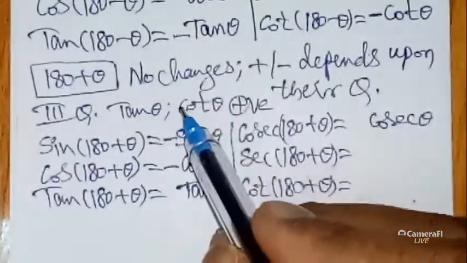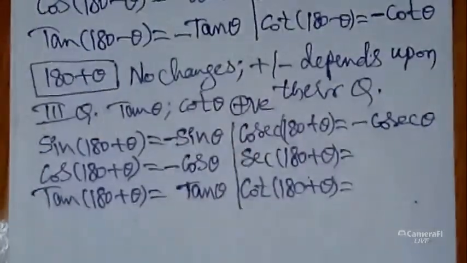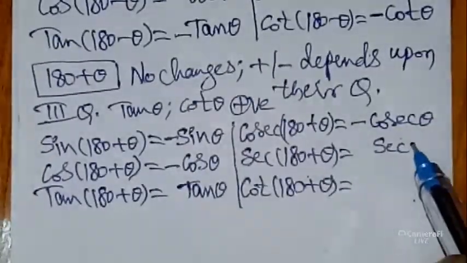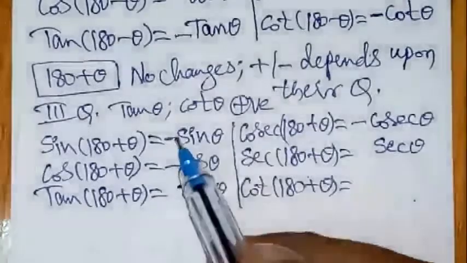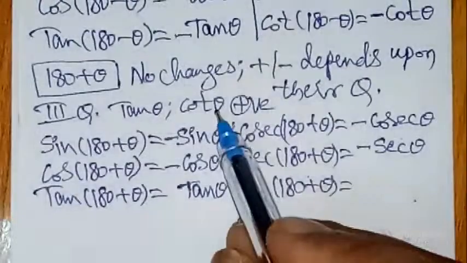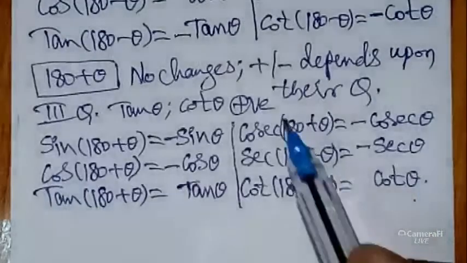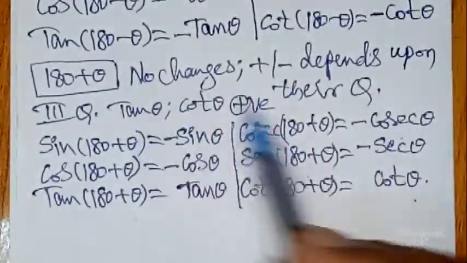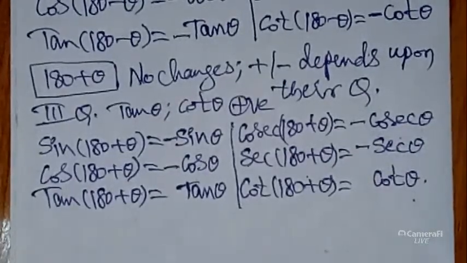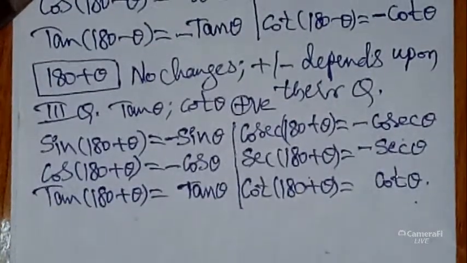In the third quadrant tan and cot are positive, cosecant is negative, so you can write cosecant negative. Next secant, no changes, so you can write secant theta, and in the third quadrant secant is negative. Next cot 180 plus theta, here no changes, so cot theta as it is. Next plus or minus: in the third quadrant cot is plus. So it's a very easy explanation of 180 plus theta related values.